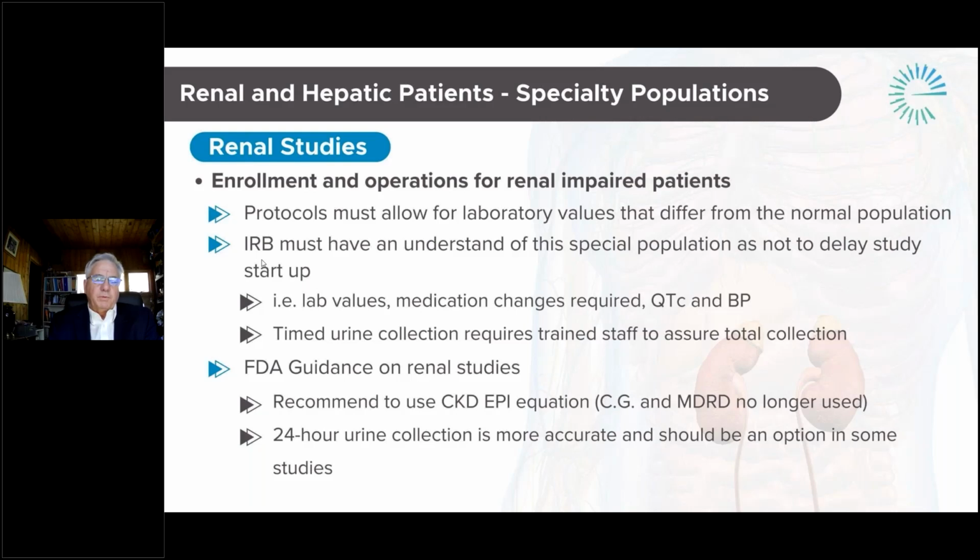IRB knowledge of specific populations also is a critical role. If they're not familiar with specialty populations, they will push back with questions and recommendations that are not realistic, which also leads to delays in starting the study by weeks. For example, laboratory values identified above, but specifically QTc and blood pressure.